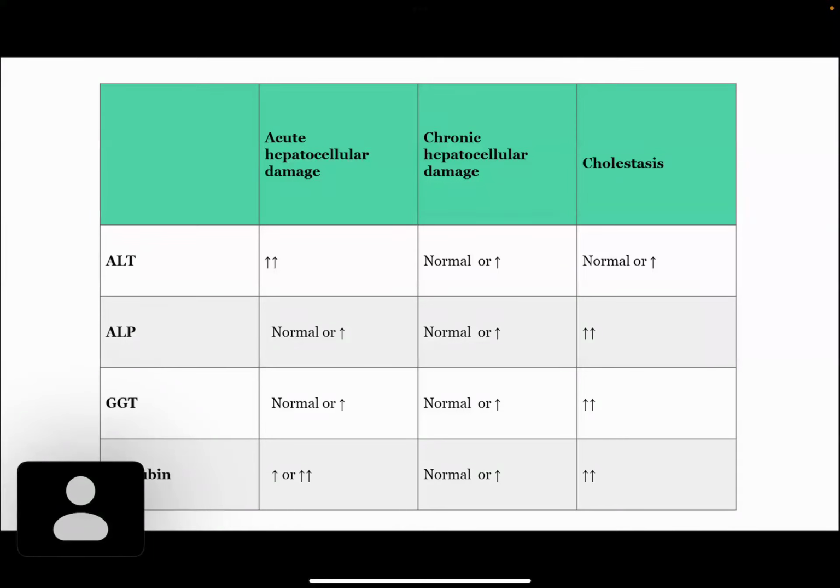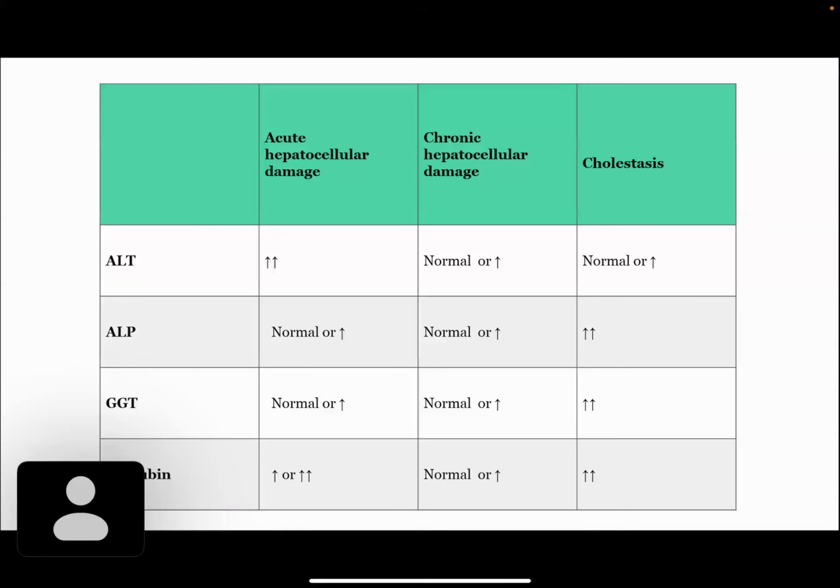So alkaline phosphatase is elevated in cholestatic conditions and in infiltrative conditions. Transaminases are highly elevated in acute hepatocellular damage, like acute viral hepatitis, autoimmune hepatitis, or drug-induced hepatitis.